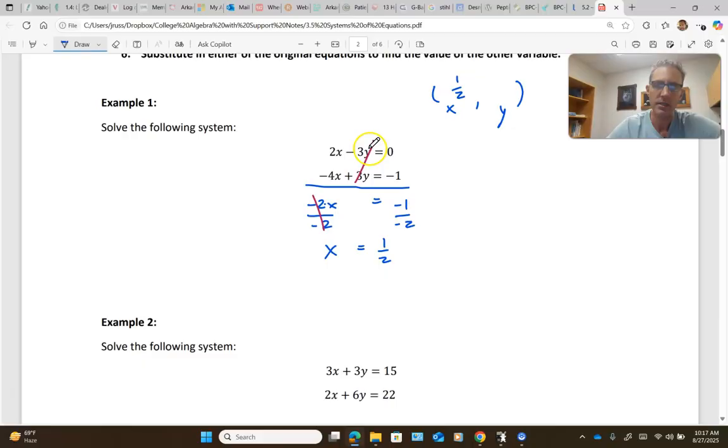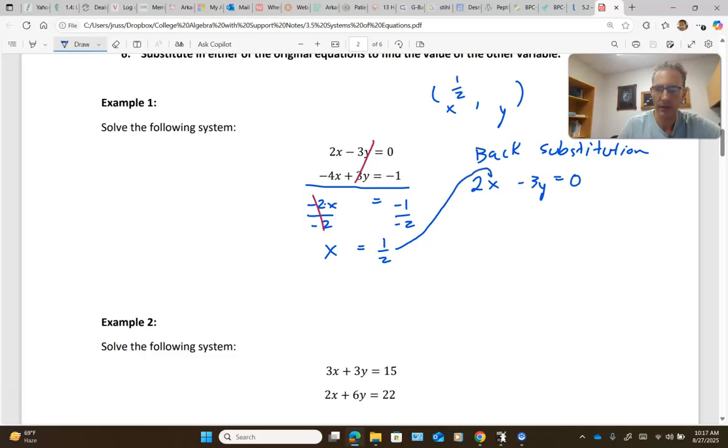And so I'm just going to choose my top equation. So I'm going to rewrite it, and I'm going to substitute. This is what I refer to as back substitution, or just substitution. I'm going to take that 1/2 and I'm going to plug it in for that x.